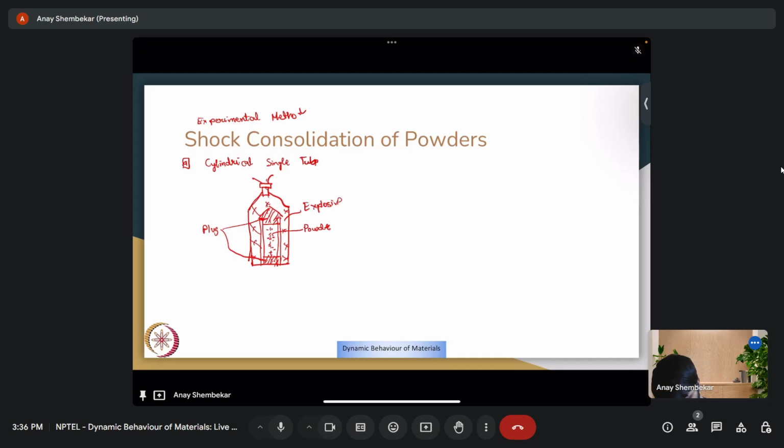Explosive, central axis. Upon detonation, you have the top plug remaining same. Then go a little down. Then the bottom plug.